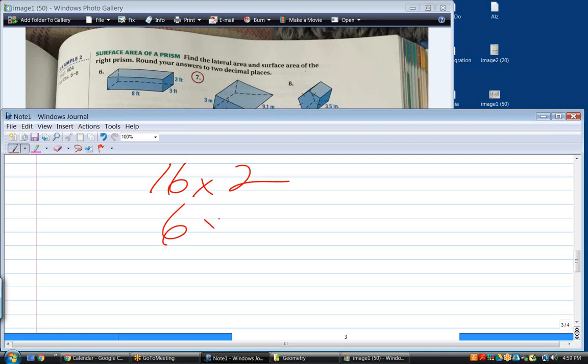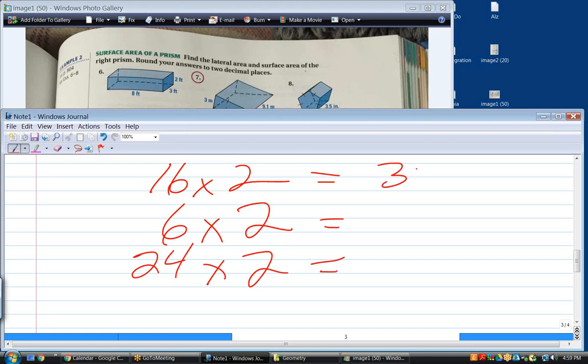And there's 2 of those. And what's the final face? What are its dimensions? 24. Okay, and there's 2 of those. So rectangular bricks are easy. 32 plus 12 plus 48, that's 92.